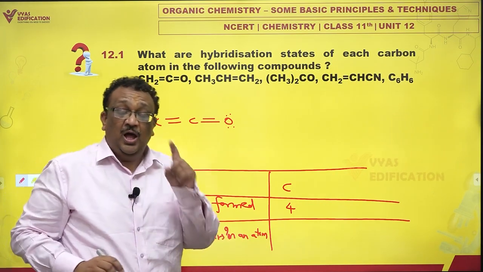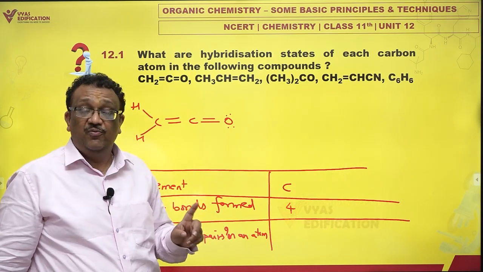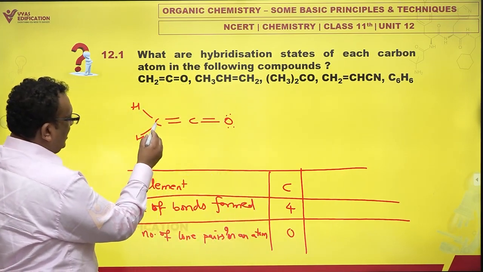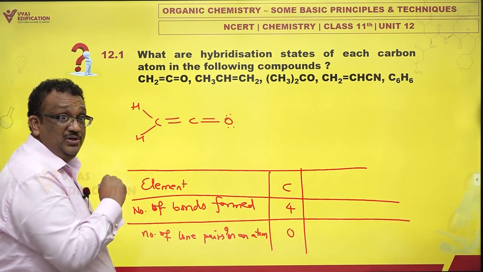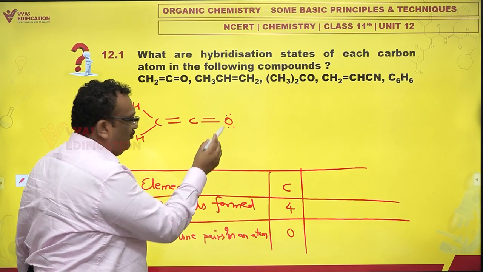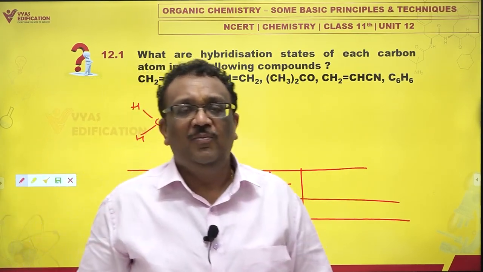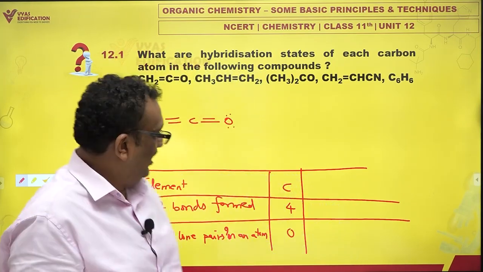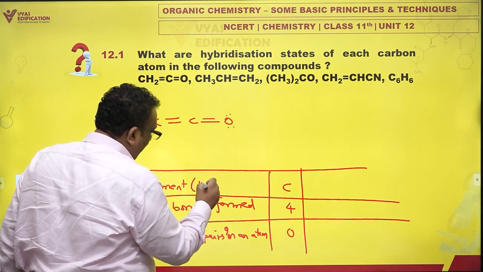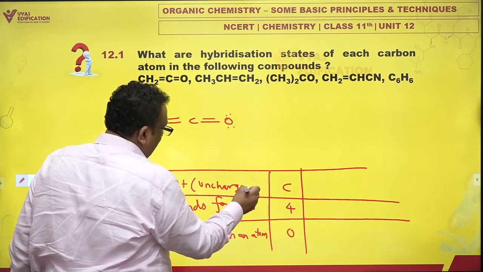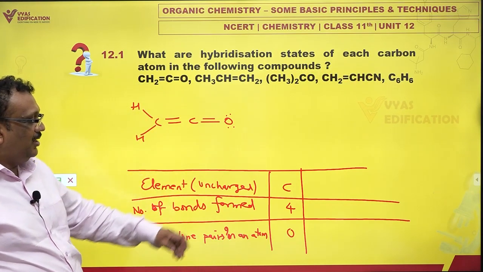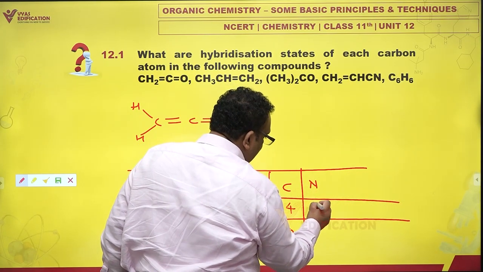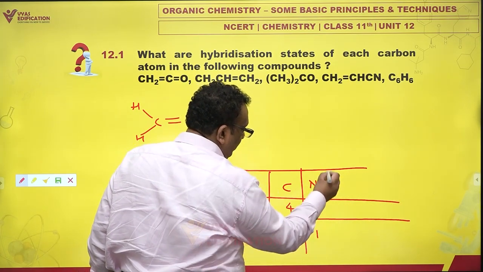Please note, carbon atom would not have any lone pair of electrons, but it would have 4 bonds. Like you can see, this carbon has 1, 2, 3, 4 bonds. So carbon always tends to form 4 bonds as long as there is no charge present on the atom. Nitrogen will form 3 bonds and 1 lone pair.